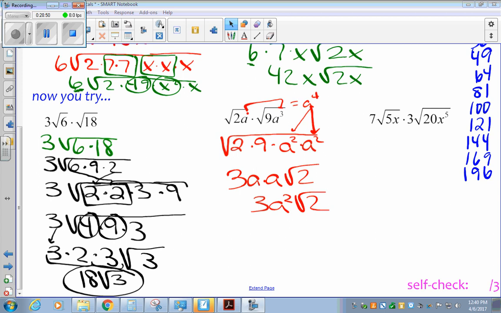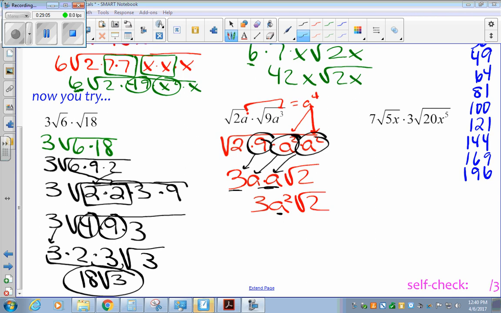The square root of 9 is 3. And then square root of a squared is a. The square root of a squared is a. When I combine these 2 together, I get a squared. And the 2 is not a perfect square. He gets a J in square root jail.